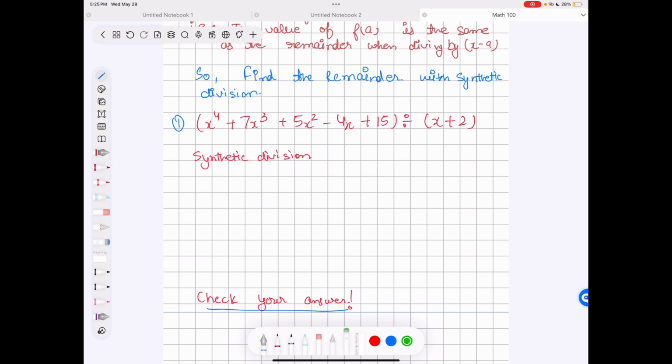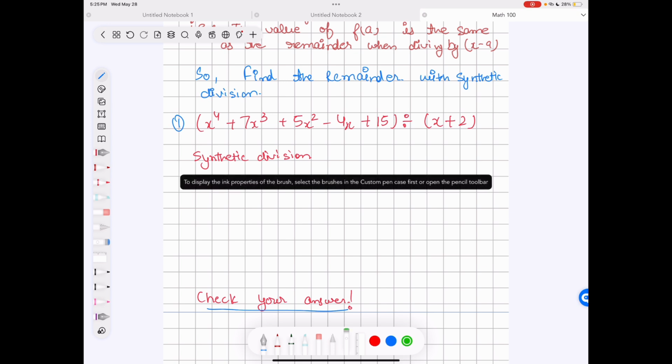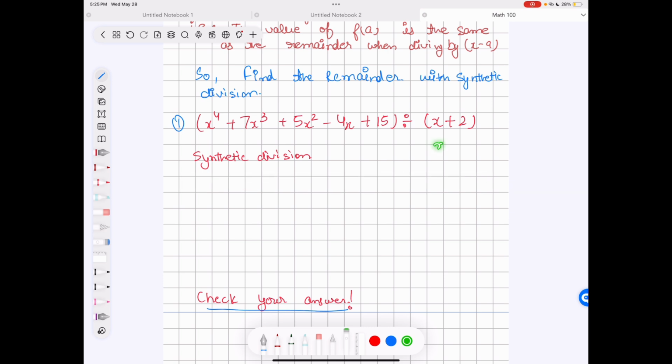First I'm gonna change the color. I'm gonna write it with this one, x plus 2, we're gonna make it x is equal to minus 2, set equal to 0.